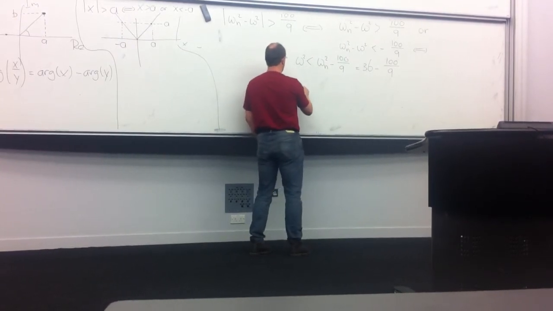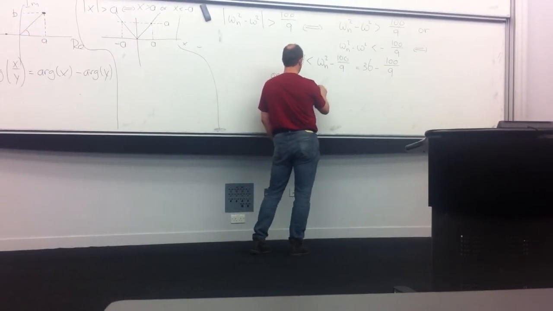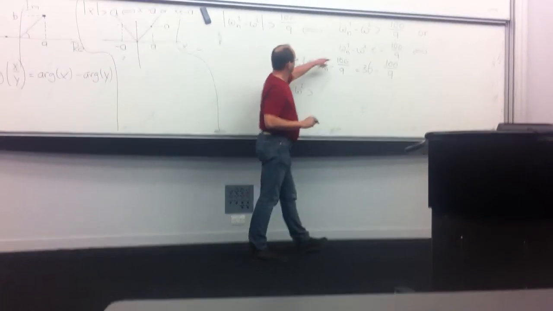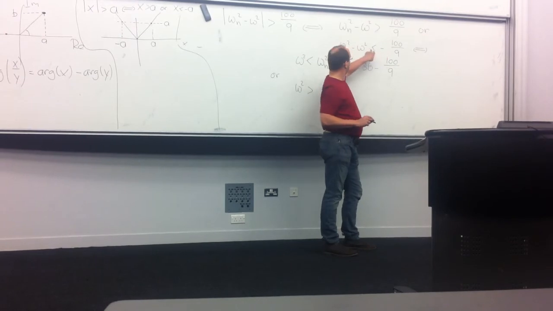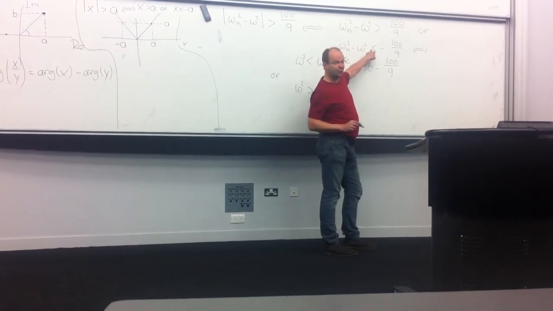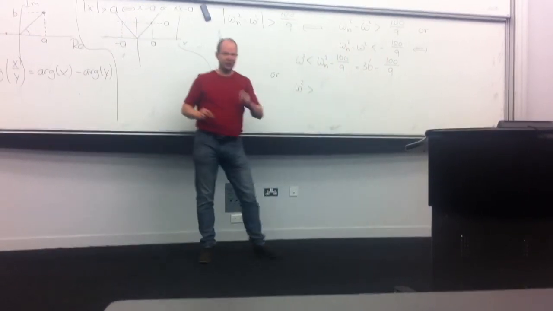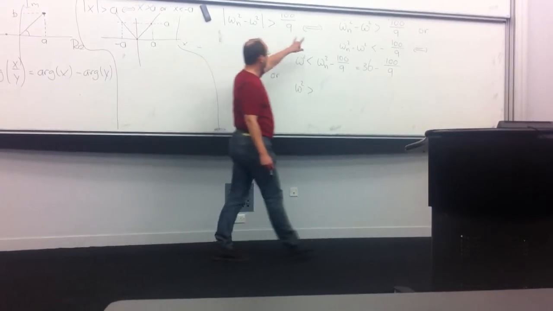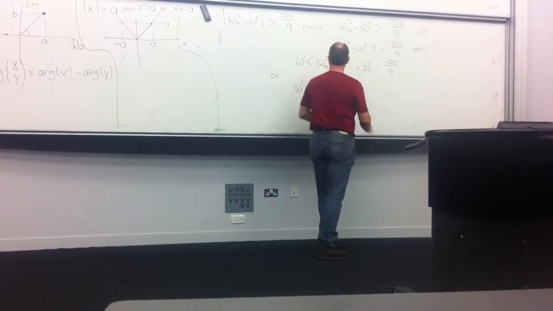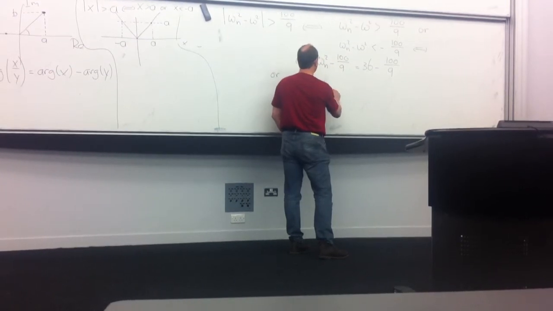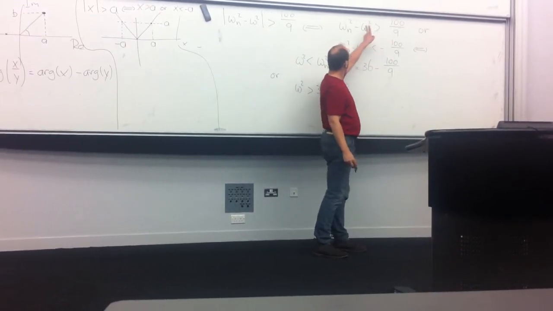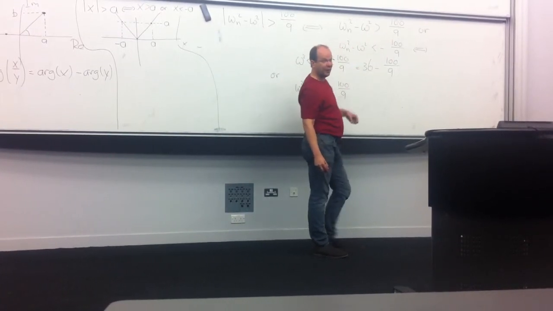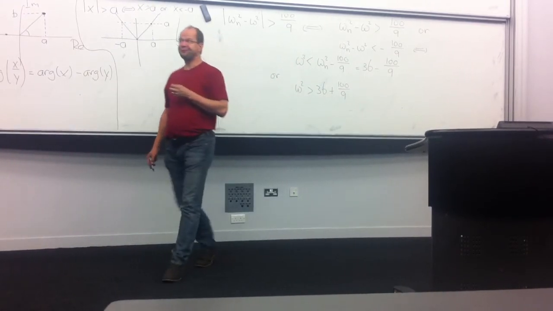Or omega squared is larger than, so here I take the omega squared to the right hand side, and then the sign points towards the other side, so I get omega squared is larger than omega n squared, which is 36, plus 100 divided by 9, because here I take the minus 100 divided by 9 to the other side.